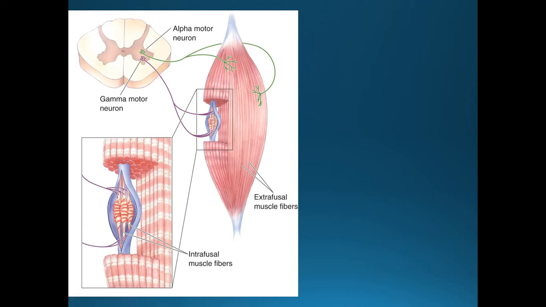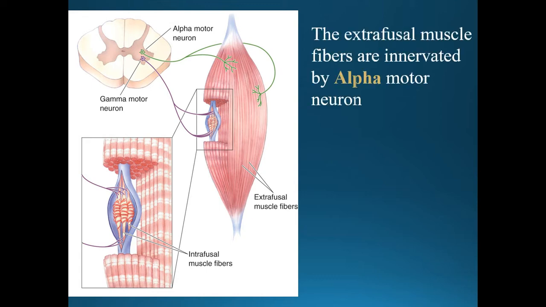In contrast with the sensory function neuron, which is connected with the dorsal roots of the spinal cord. The motor neuron is connected with the ventral root of the spinal cord. This neuron is called alpha motor neuron.